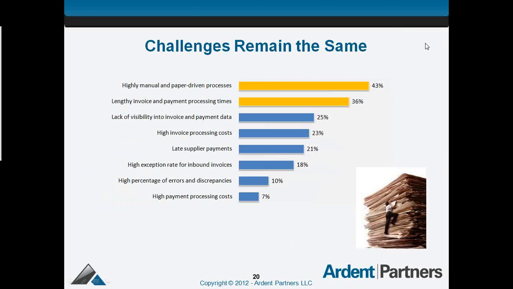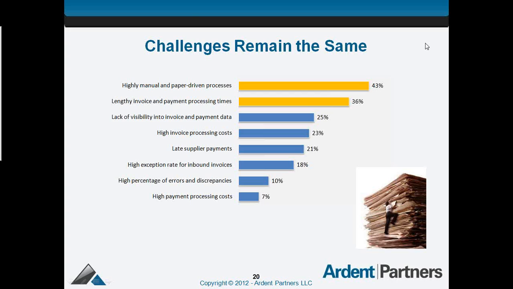One of the first questions we did ask in the survey is really to find out where AP is in terms of their current initiatives and what their challenges are. What we found in terms of the challenges they're facing at the moment is that they're largely the same as they've always been.